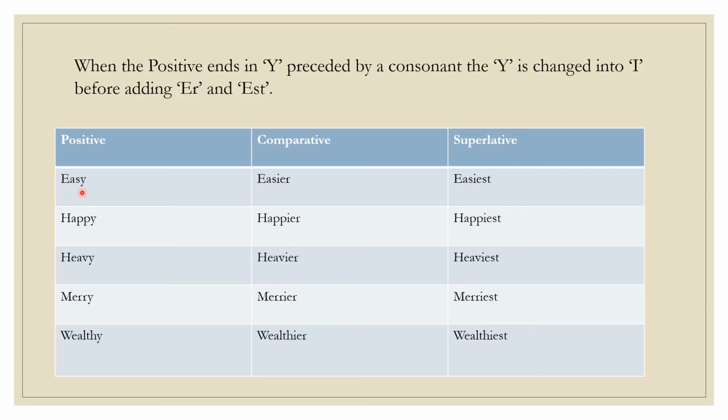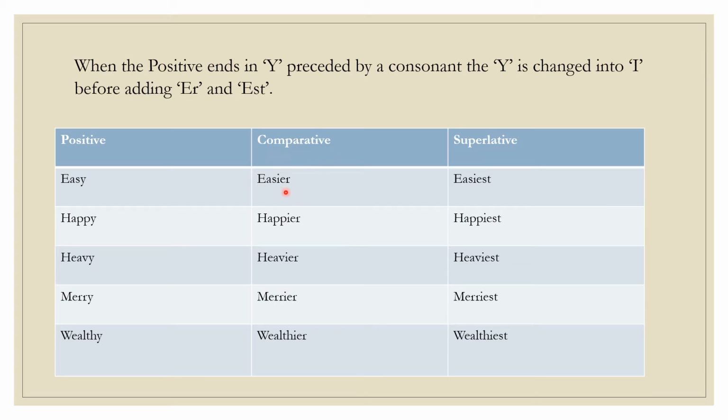It is preceded by the consonant S. S is the consonant. So the Y changes to I before you add ER or EST. So in the comparative, it will become easier, and in the superlative it becomes easiest. So the Y changes to I.